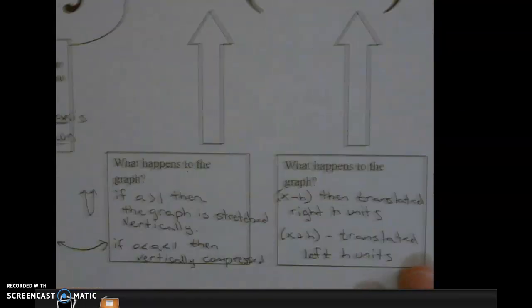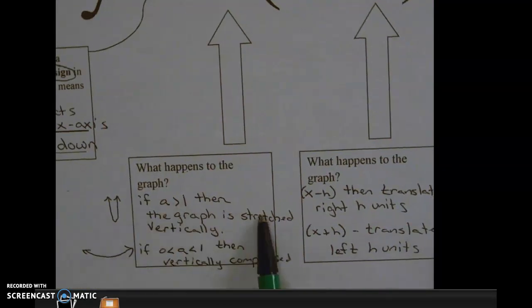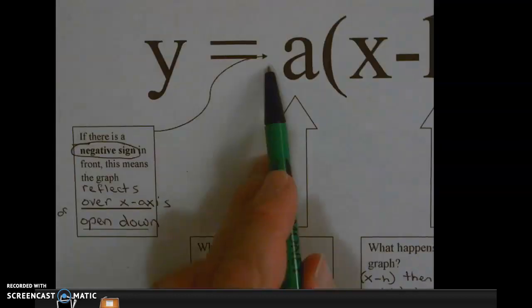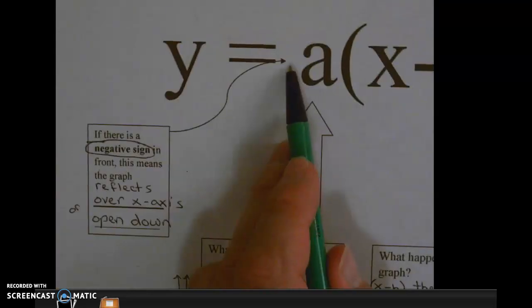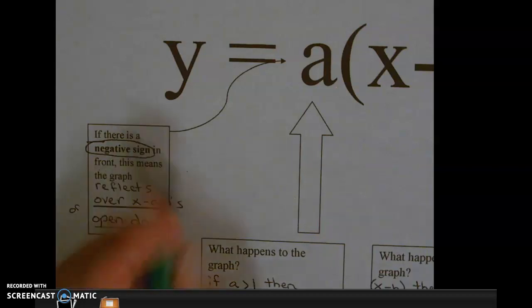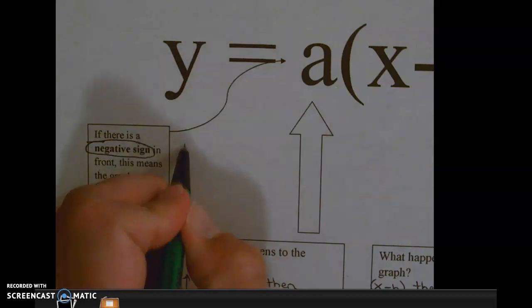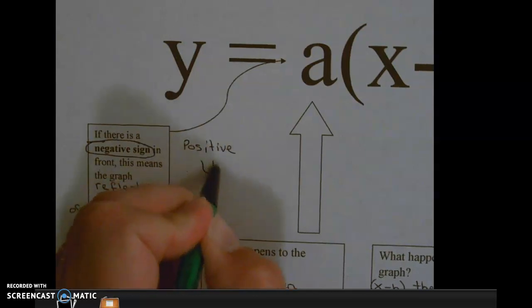Now, since I have a couple seconds left, the thing I want to say about A is when you're determining stretch and compression, do not look at the sign. The sign tells you if it's going to open down or if it's going to open up. If A is positive, it's going to open up.